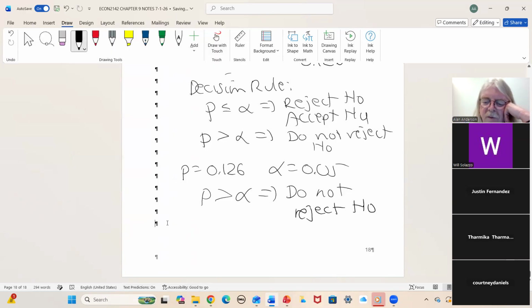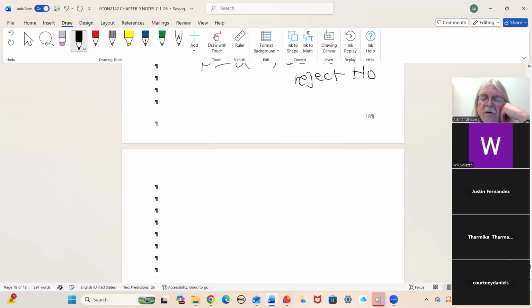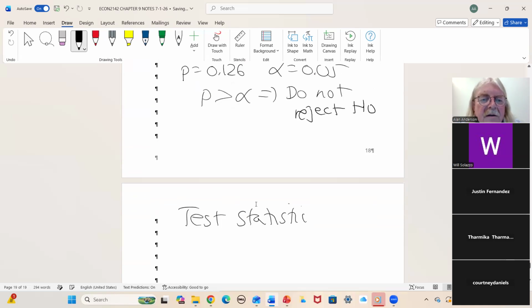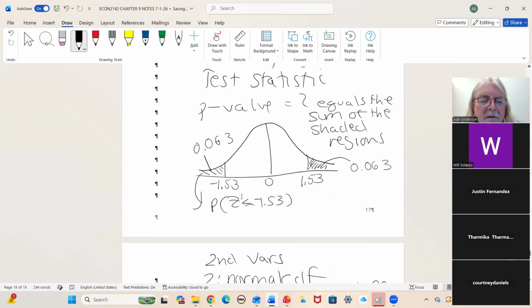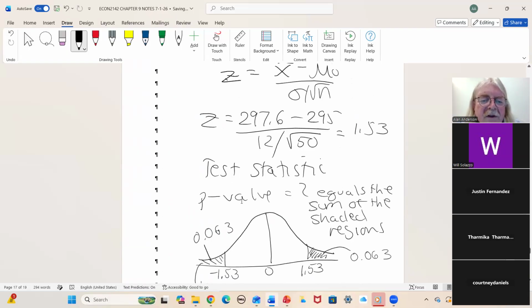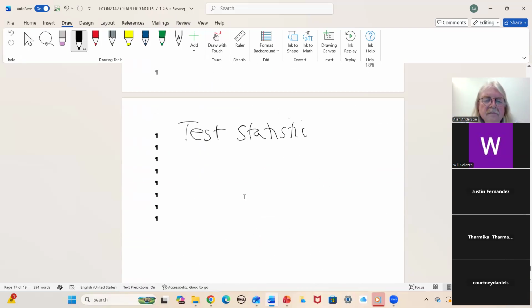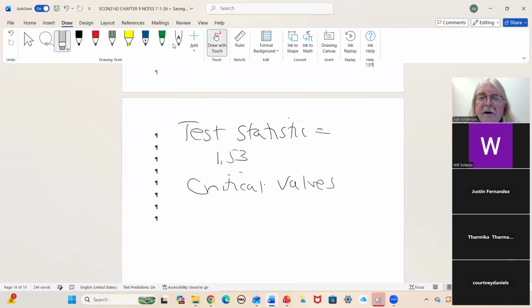Now, they also, it looks like, want us to try the test statistic critical value approach. So we already know the test statistic from up here was 1.53. Because this is a two-tailed test, we have to cut the areas in half.